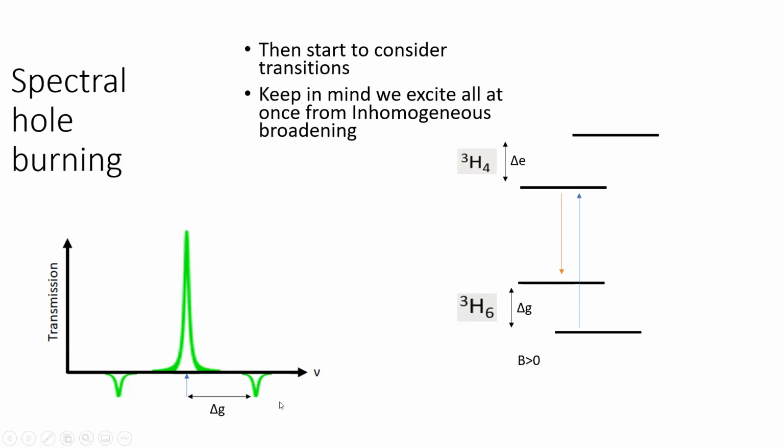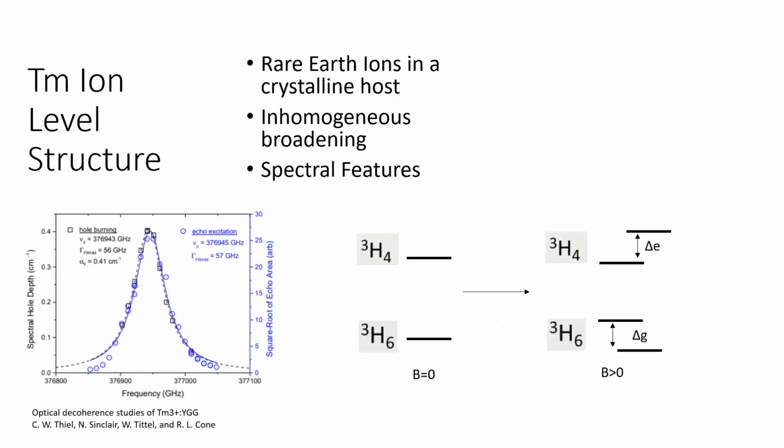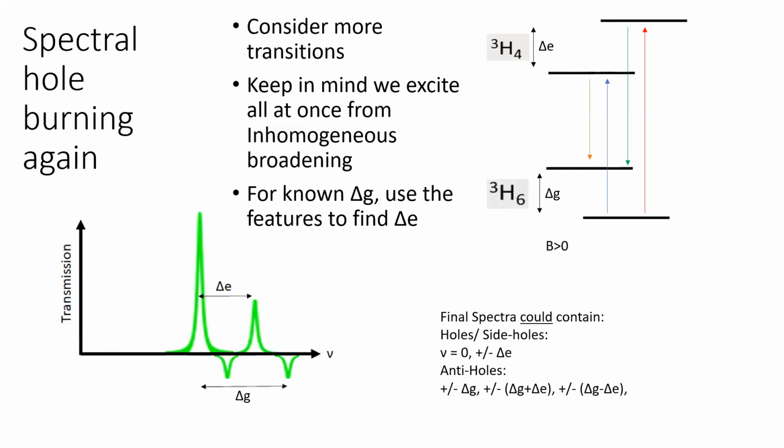We create it and we can observe it by looking at that small buildup of population, or what I'm going to call an antihole. Now, for every main hole, there's symmetric antiholes on either side due to the inhomogeneous broadening. But there's also a host of other features that occur when you start to consider more transitions throughout this sort of 4-level structure.